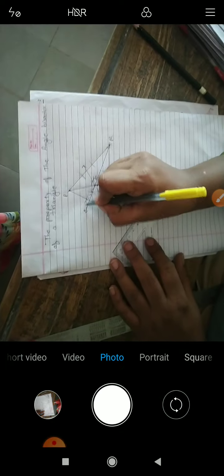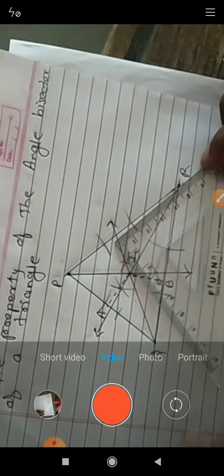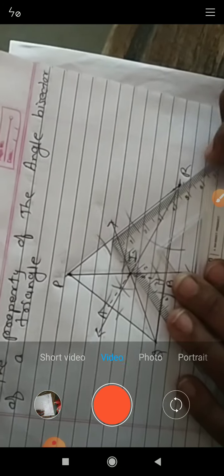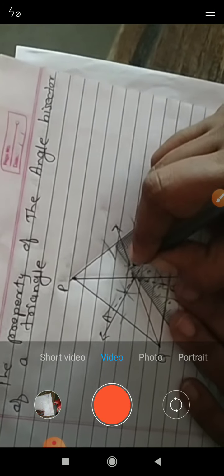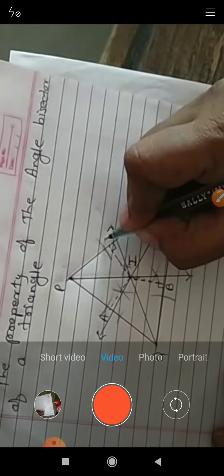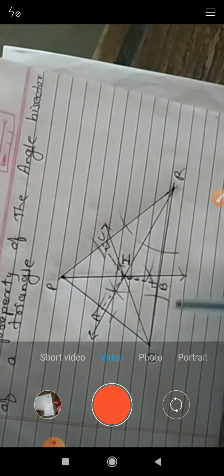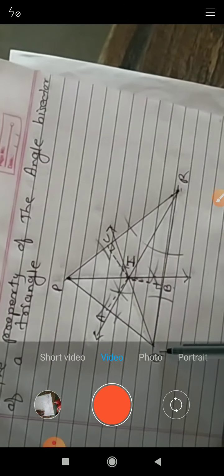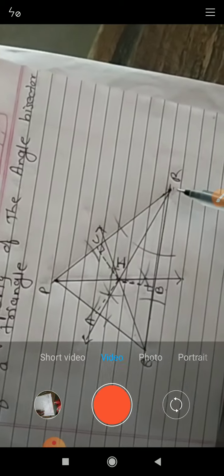I will name it A, this is B, and from point I we draw this side, adjusting the set square with the remaining side of the triangle, and hold it on I and draw the altitude from this point. And that is C. So IB is perpendicular on QR, IA is perpendicular on PQ, and IC is perpendicular on PR.